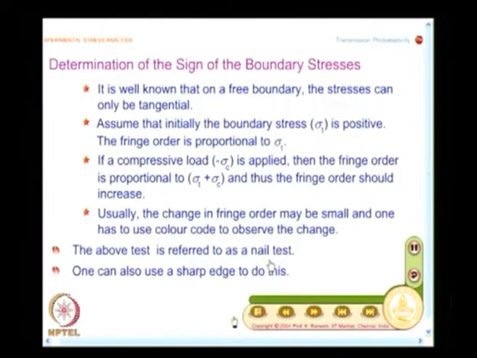And as I have mentioned, the change in fringe order may be small, and one has to use the color code to observe the change, whether the fringe order has increased or decreased. You will get the information by knowing the color sequence. That is the best way, because these changes are very small and only a color code can provide you this information.